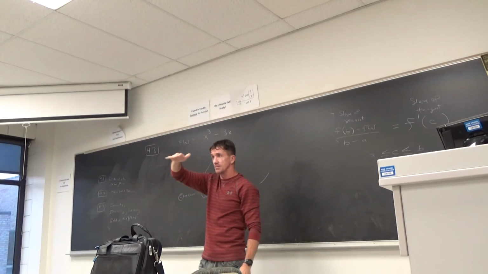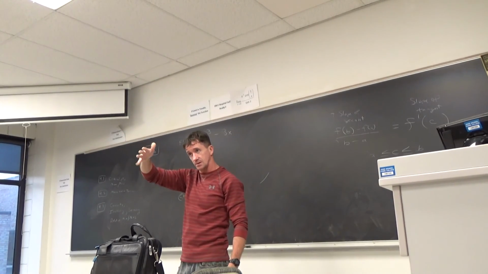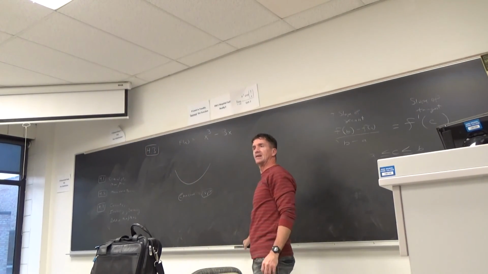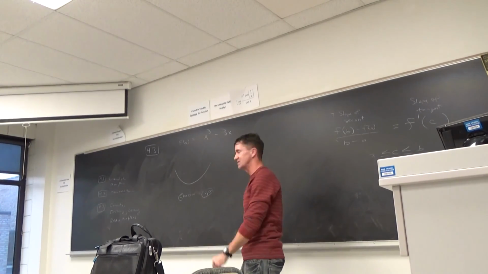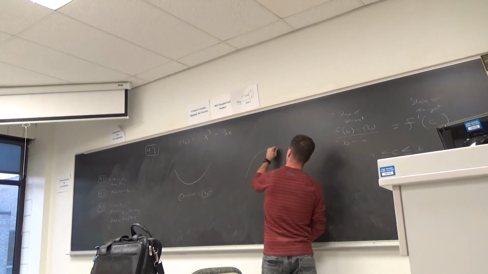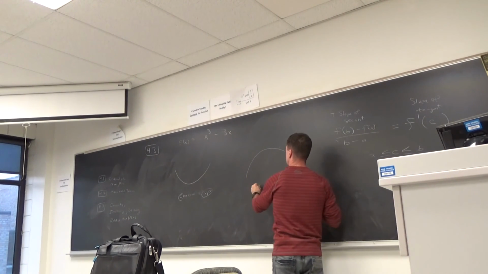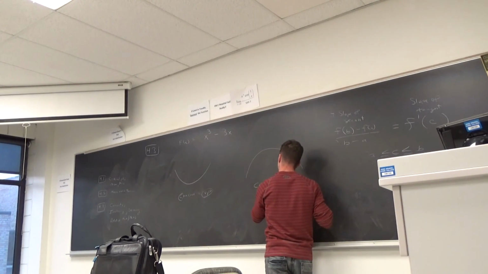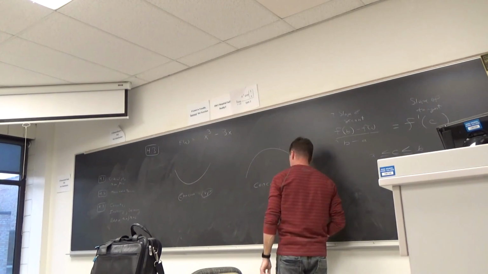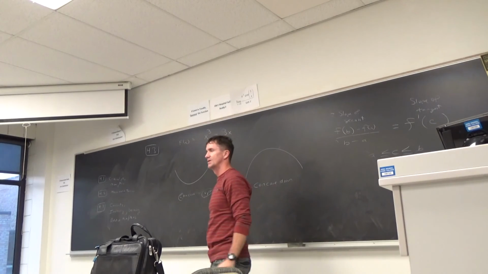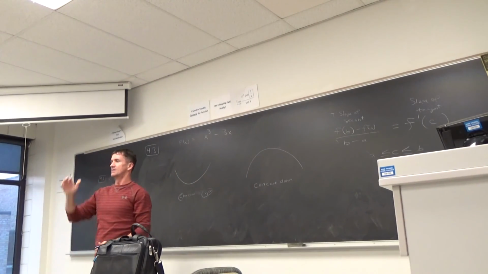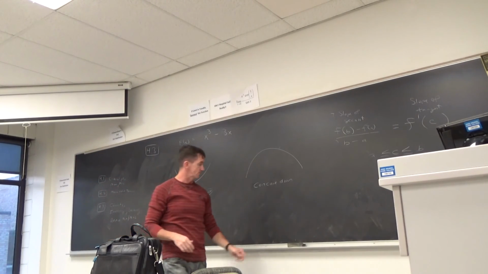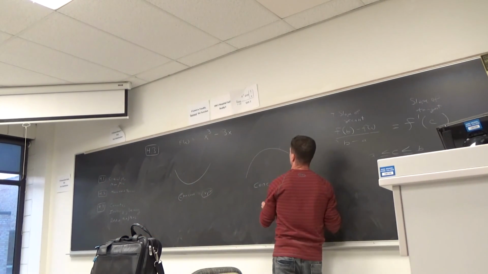So when the graph's doing something like this, it's concave up. Don't worry, we haven't defined it yet, but we will. We've got to put a definition to this. What if the function's doing something like this? Concave down. That's not good enough, we've got to define this, but it's pretty good. Like a cup, concave up. Concave down is like an upside down frown.